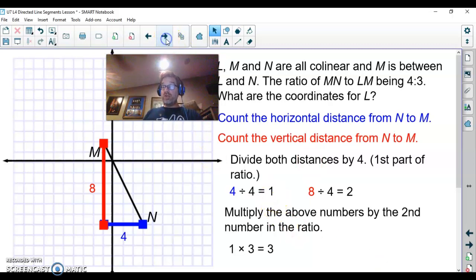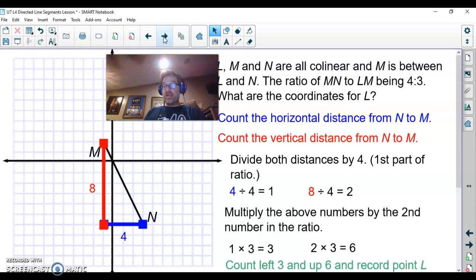I will count 1 time by 3, and I will count 2 times by 3. Going this way, we're going to count one group, and our groups are 3s. So we count one group of 3, and then 2 groups of 3, which is 6. So count left 3 and up 6, and then we record where point L is.